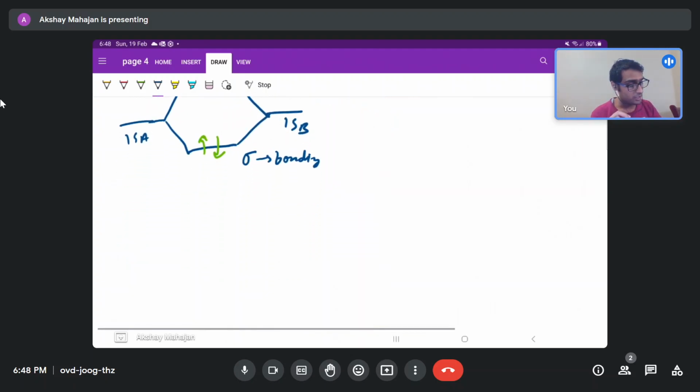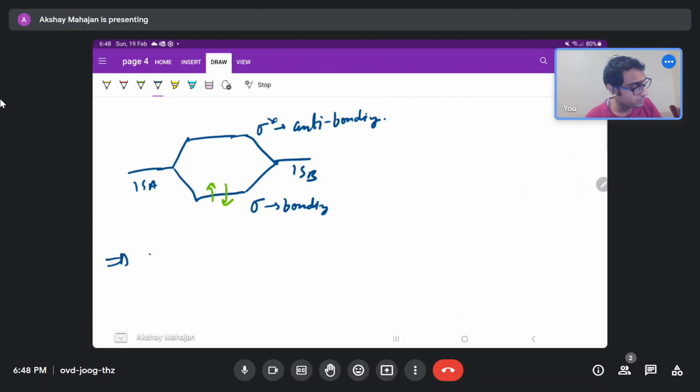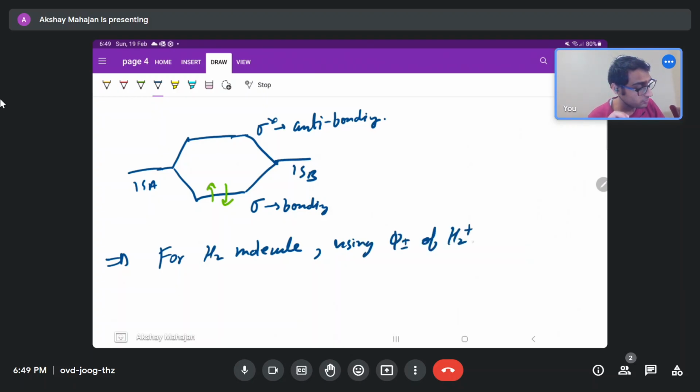And as was shown in the class, for the H2 molecule, using phi plus minus of the H2 plus molecule, I can write my molecular orbital wave function as phi plus of 1 times phi plus of 2. Electron 1 goes into phi plus, and electron 2 will also go to phi plus.